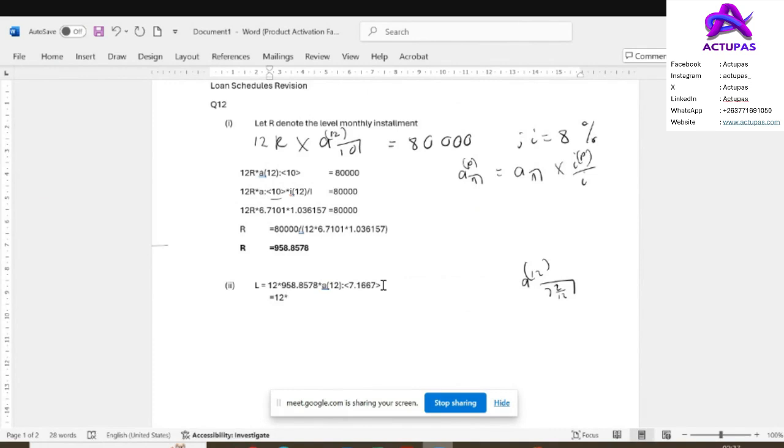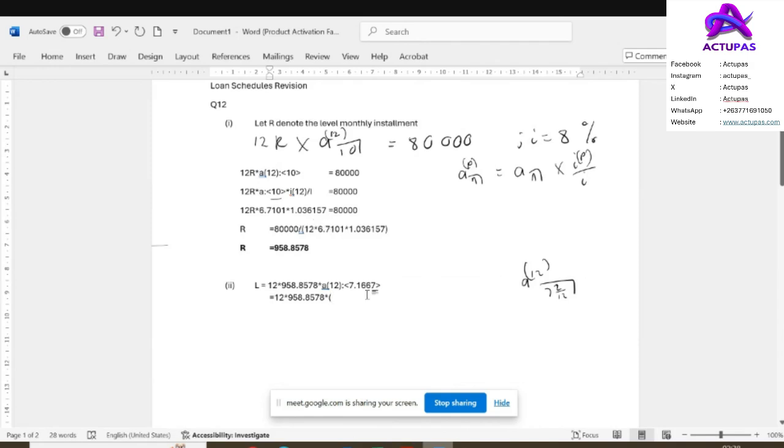So this is 12 by 958.8578 by your A 12, 7.1667. You can write it as 1 minus V to the power 7.1667 over I, and this is over I12, sorry, this is 12 over I12.